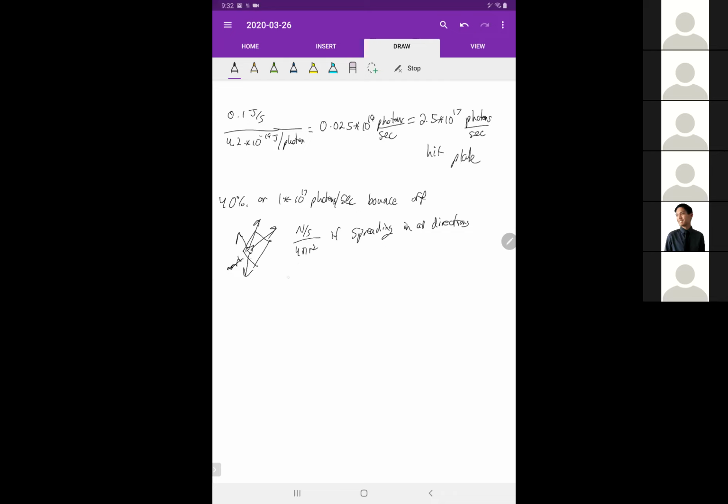So we're going to have that the intensity, the photons exiting per area per second equals number per second over 2 pi r squared, because they're spreading over a half sphere. Any questions on this so far?